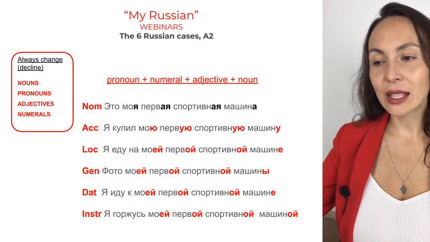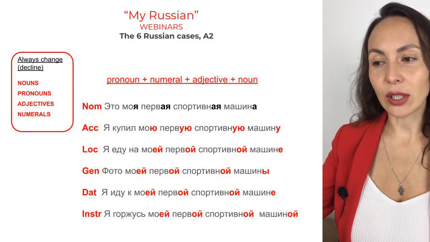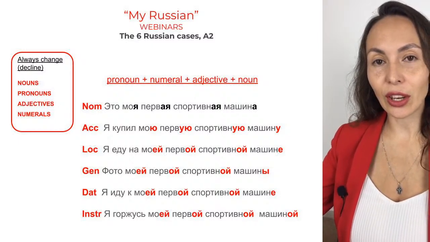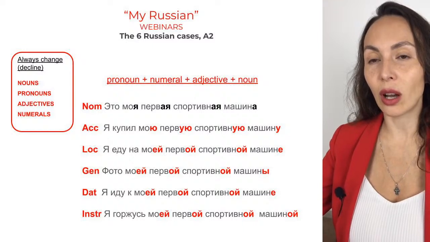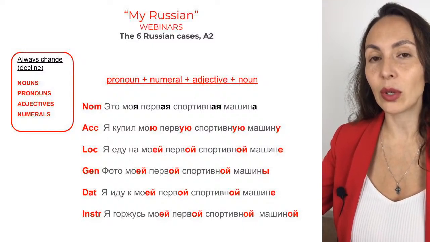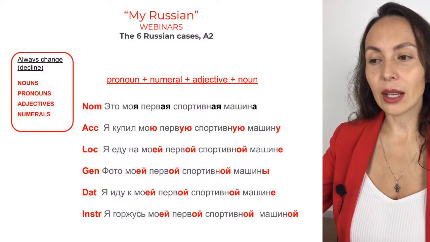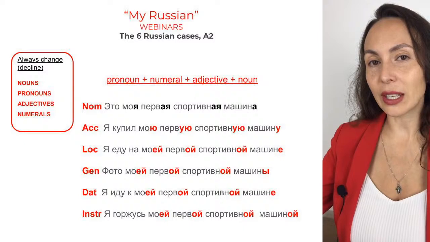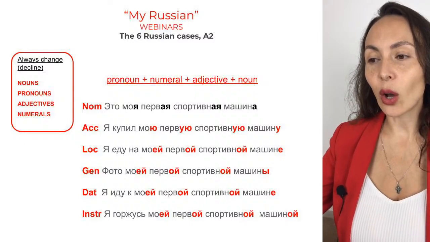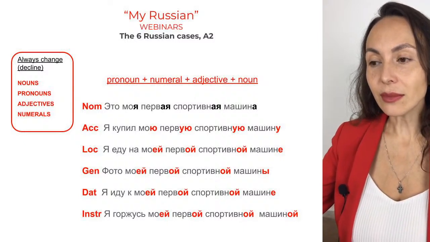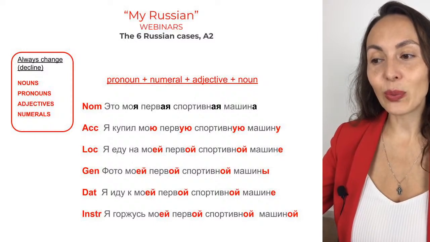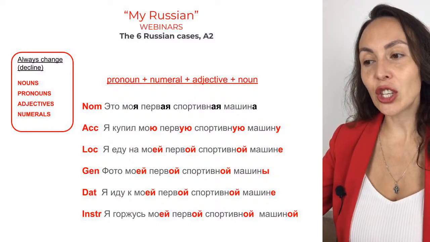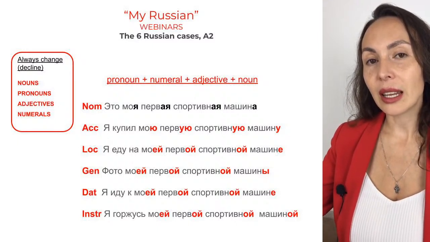Let's take a look. Accusative. I took here the most common examples, the most common situations for each case. And for accusative, it can be купить. Я купил мою первую спортивную машину. Can you see? You change every single word ending.